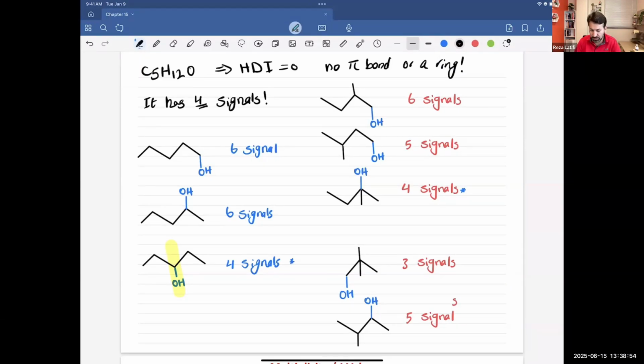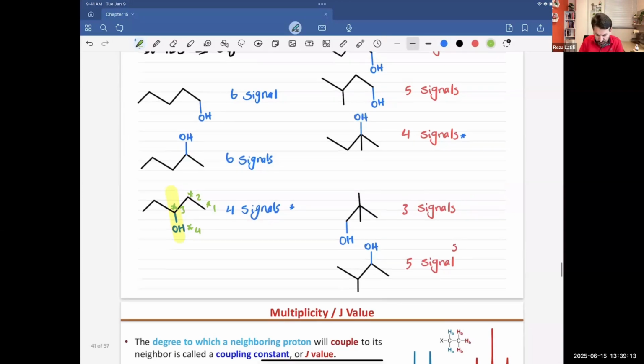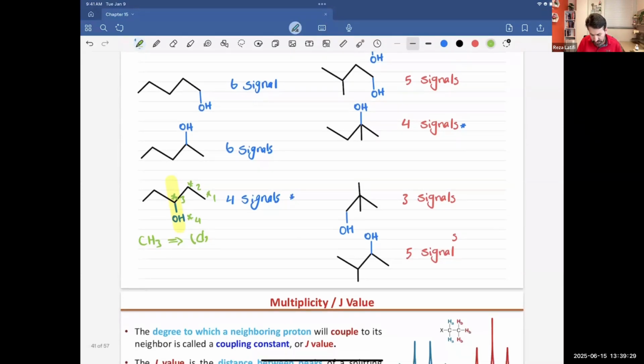Now let's go after multiplicity. What should I get? Let's number the carbons 1, 2, 3, 4. Number 1 is a methyl, and its neighbor is a CH. So the CH3 will get split into 2 peaks, a doublet, and the area for it is going to be 3 hydrogens.